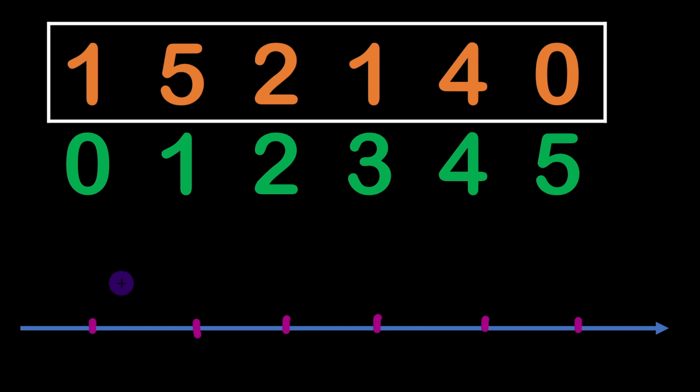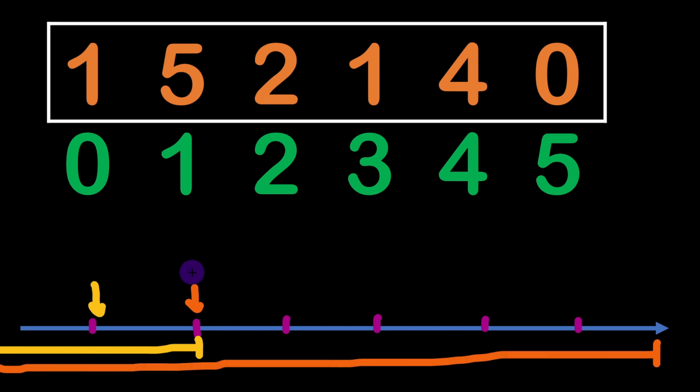The first disk is centered at position 0. It has a radius of 1, so it covers the area between -1 and +1. Then we have the disk at position number 1. It has a radius of 5, and it covers the area between -4 to +6.